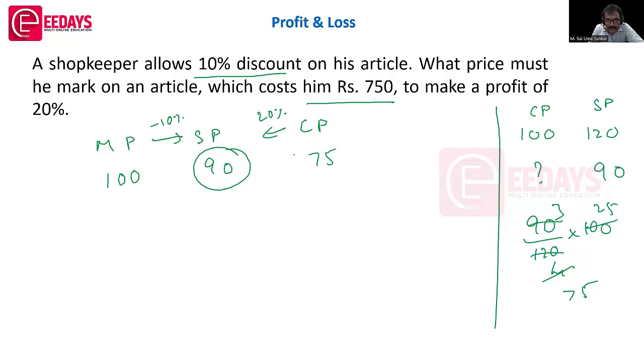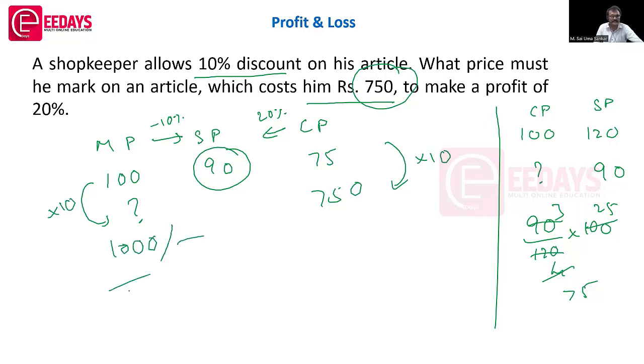If the cost price is 75, suppose that person marks the goods at 100 and gives a discount of 10%, he gets a profit of 20%. But what is the cost price? 750. Then what is the marked price? This is into 10, so here it should also be into 10. So that is equal to 1000 rupees, which is the answer. Right?